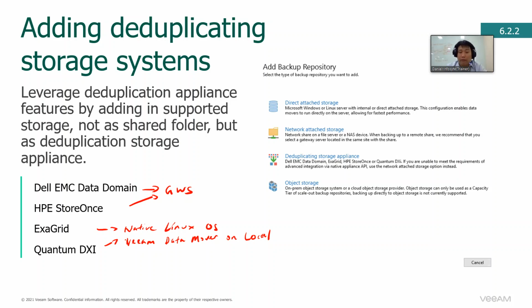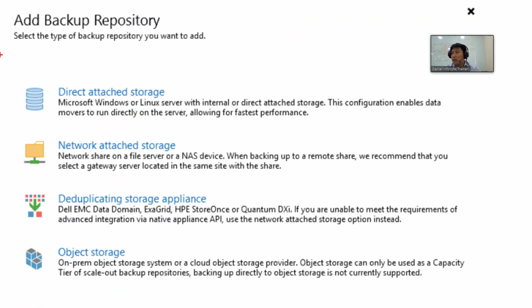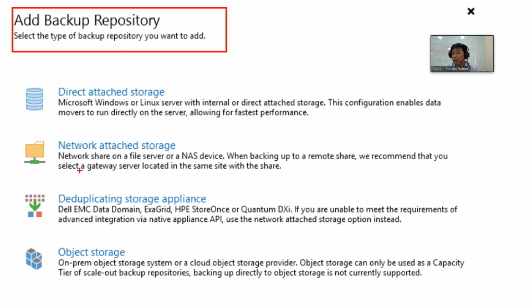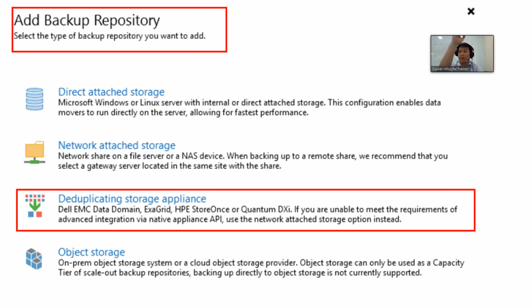Okay? So these are 4 different supported dedupe appliances that you need to add in here when you add a backup repository. You'll see an additional line here called deduplicating appliances. Only these 4 special models are supported with this special integration.